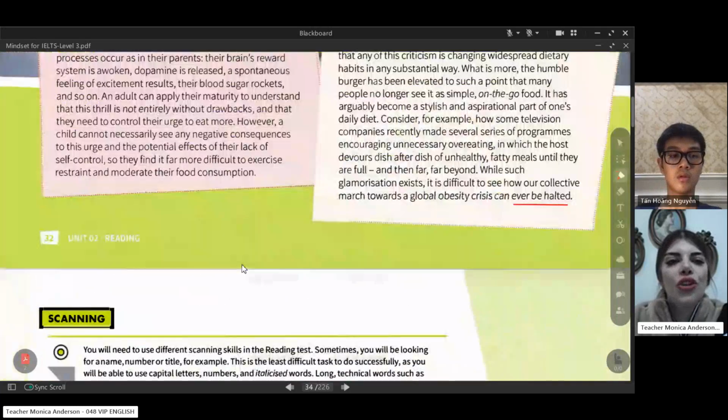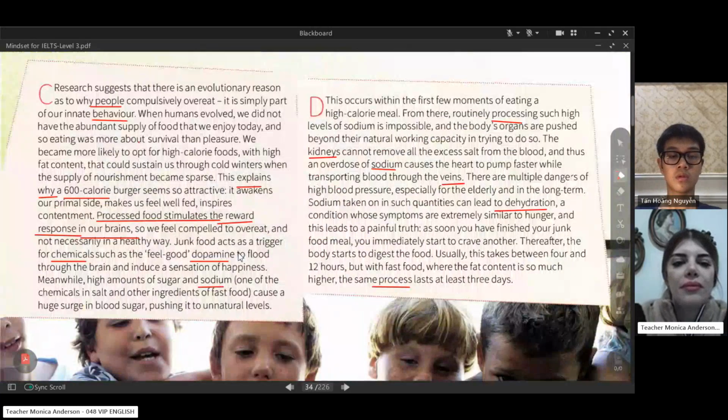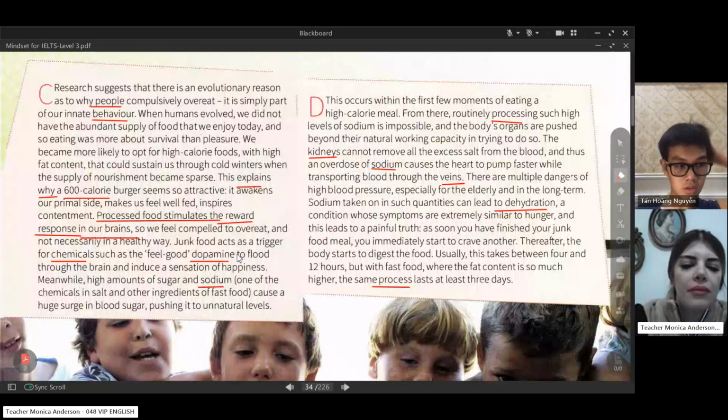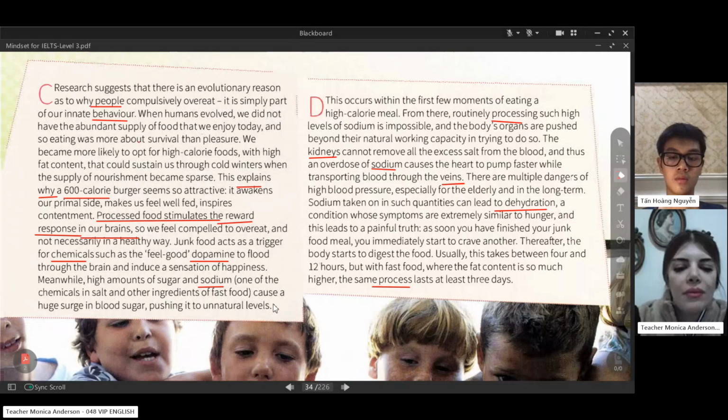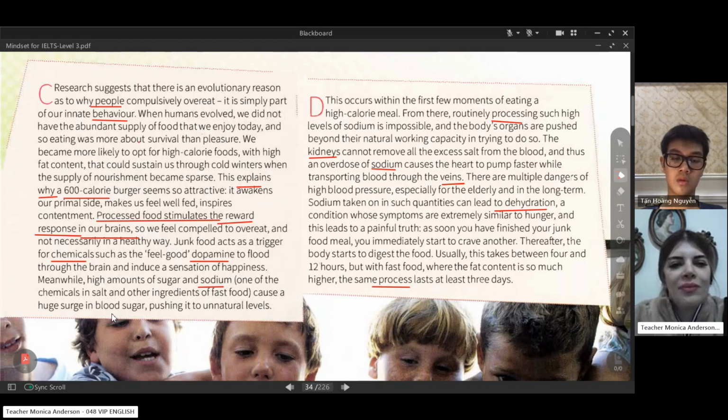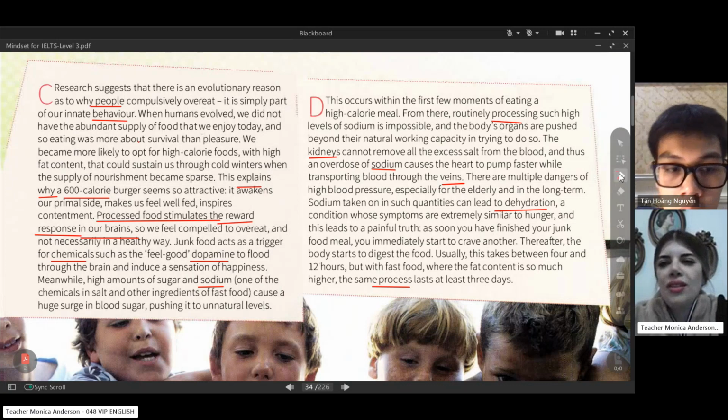And blood sugar. So, blood sugar. Blood sugar is here.